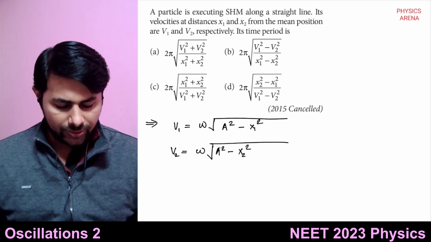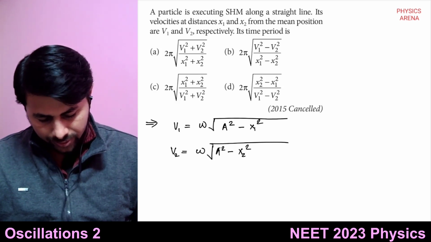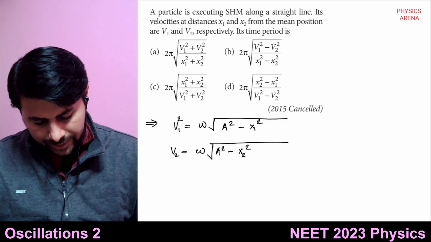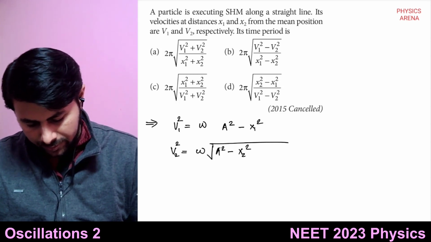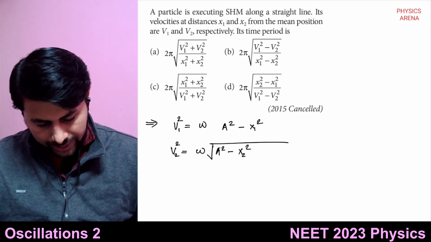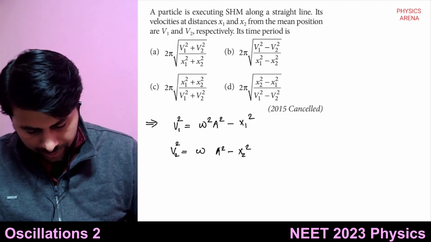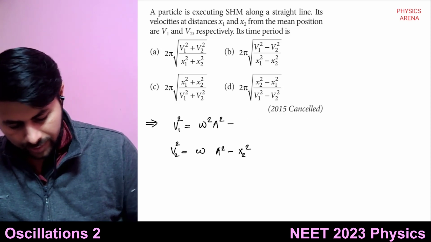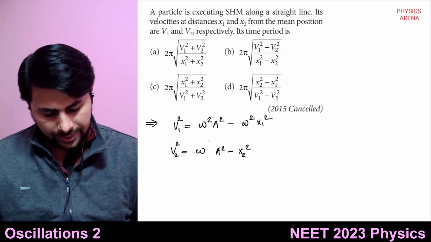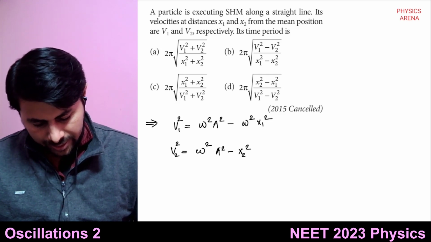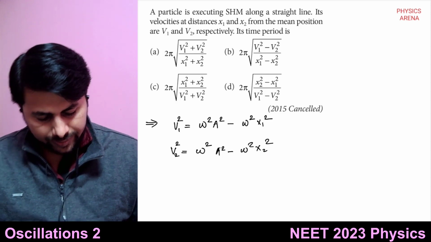Then what can we do? We can square them. So squaring them we get v1 square equals omega square multiplied by a square minus x1 square, and v2 square equals omega square a square minus omega square x2 square.